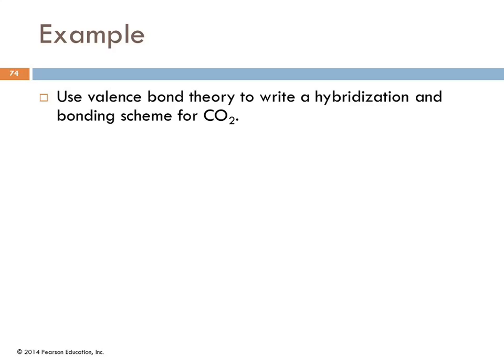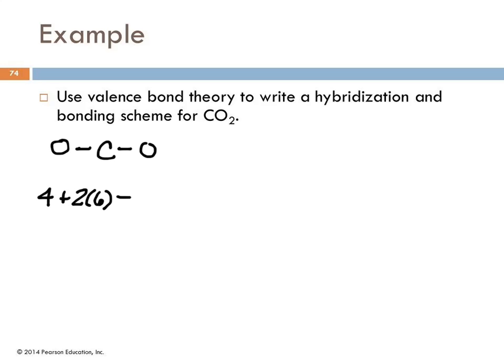Use valence bond theory to write a hybridization and bonding scheme for carbon dioxide. What's the first thing we have to do? Lewis structure. So we'll put carbon in the middle, and we'll put 1 oxygen on each side. We're going to pretend we don't know what it is. How many valence electrons do I have to mess around with here? Carbon has 4, and each oxygen has 6.